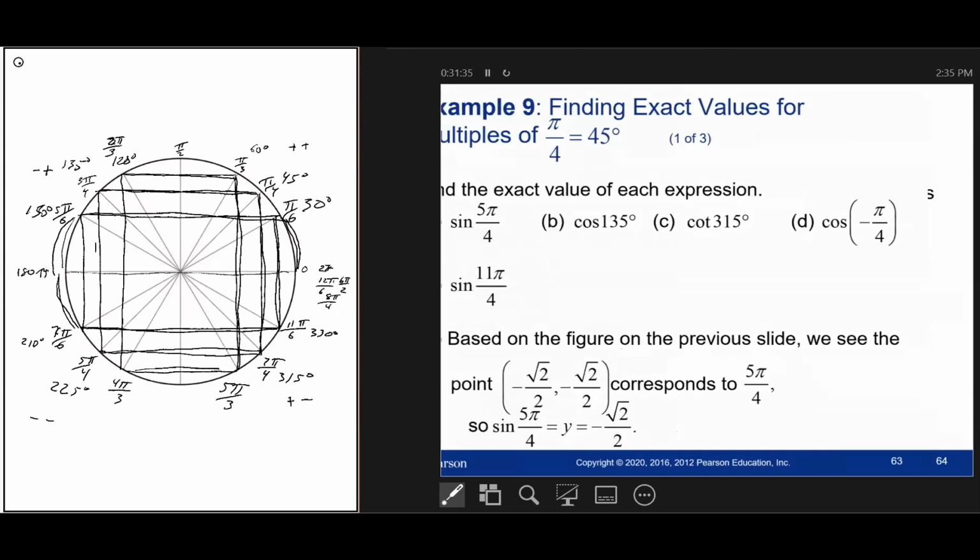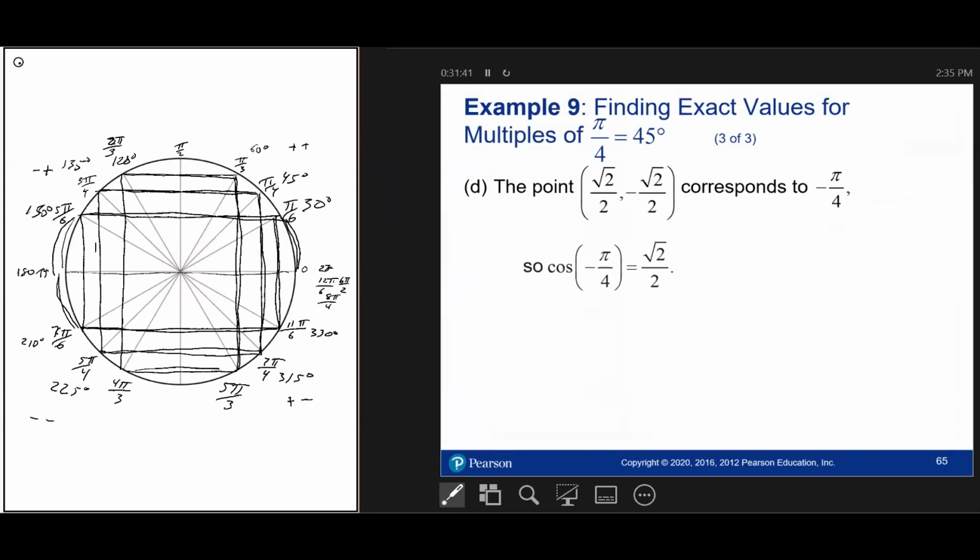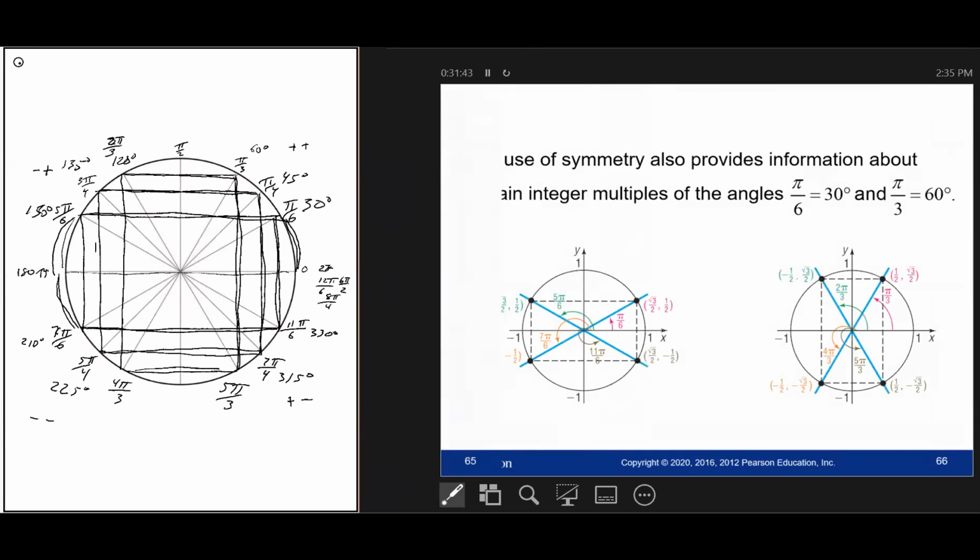And the slide after this is dealing with these. When you're given an angle measure, you look to see where it winds up. Where does its terminal side end up?